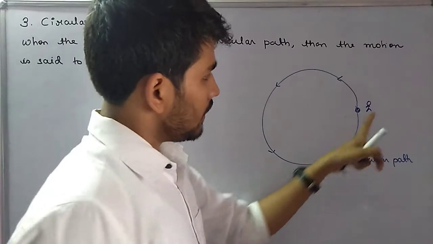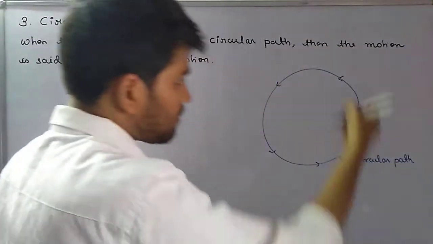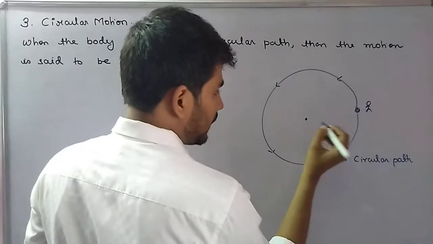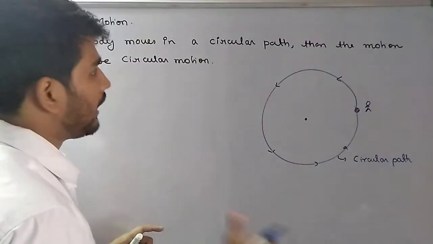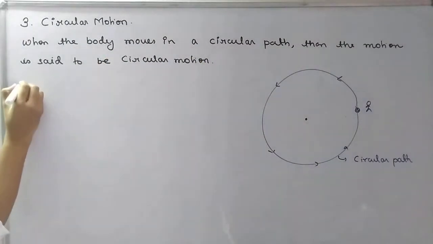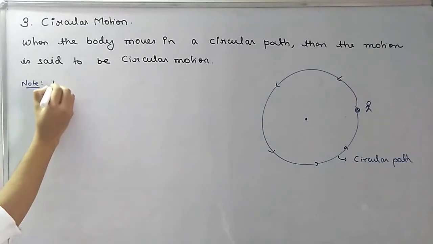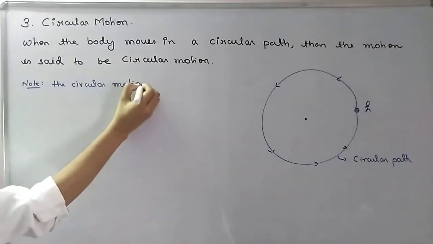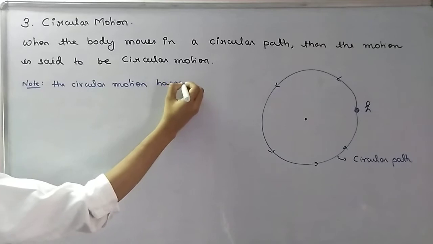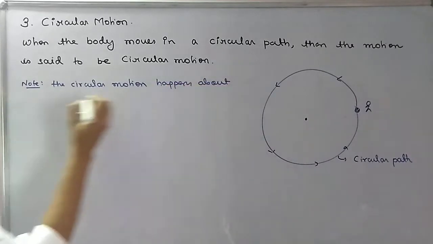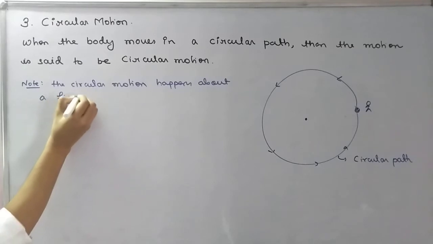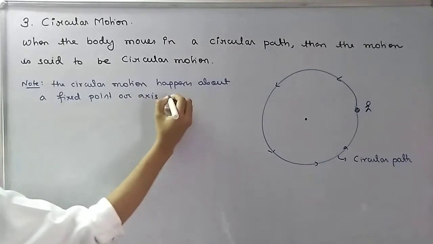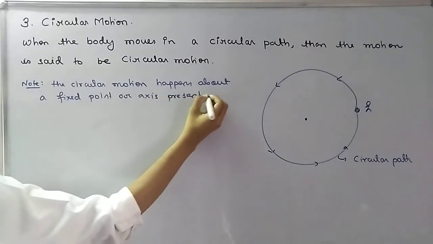Now see, circular motion happens about a fixed point. This is the fixed point. Please note that circular motion happens about a fixed point or axis present outside the body.